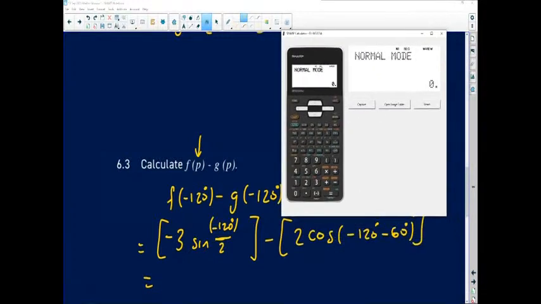Call this calculator, put your brackets. There's your -3. We're looking for sine. Open bracket, put a fraction. On the numerator, you're looking for -120. On the denominator, you're looking for 2, all right? And then you close bracket. Close for the first term.